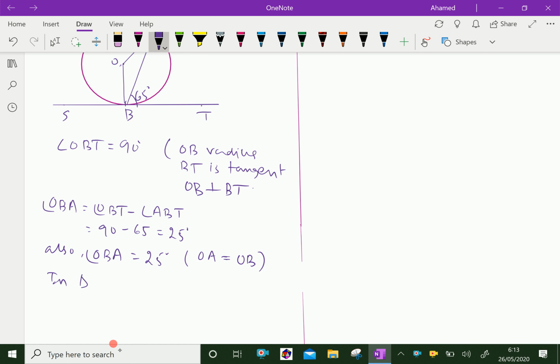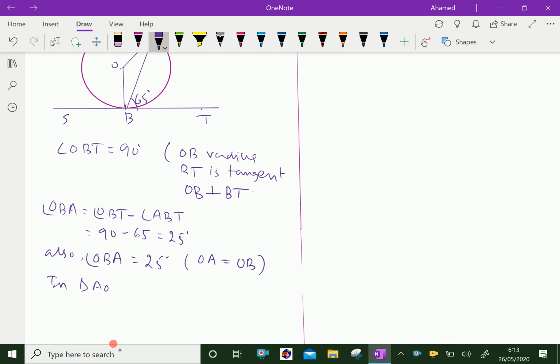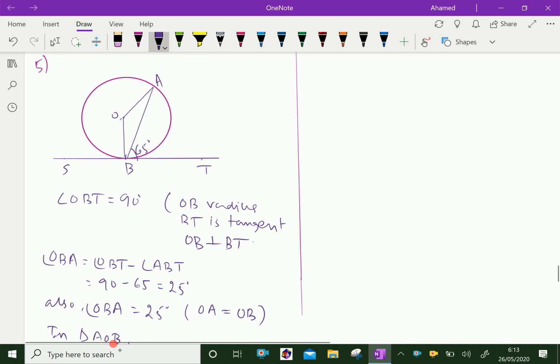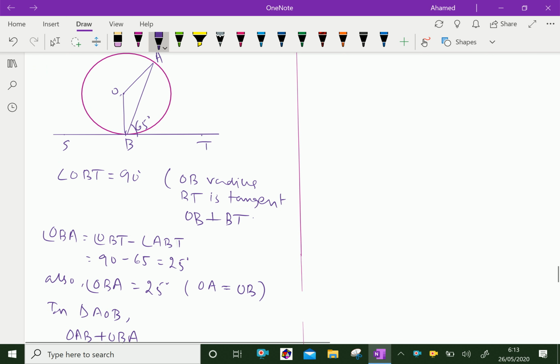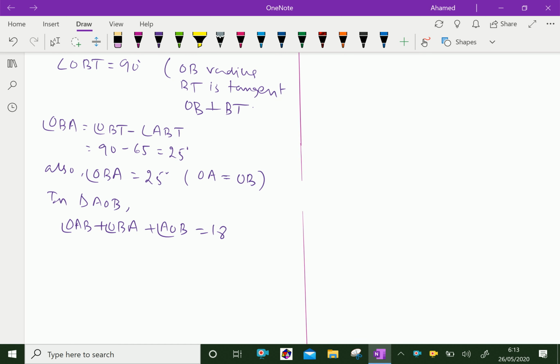Now, in triangle AOB, OAB plus OBA plus AOB equals 180 degrees, because the sum of the three angles of a triangle is 180 degrees.